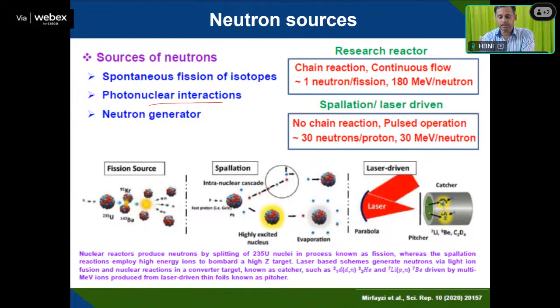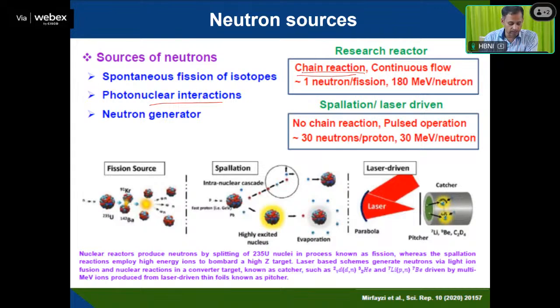Mostly in a research reactor, a chain reaction is there, with 1 neutron per fission keeping the process going, and the continuous flow of the reactor produces neutrons in the fission step. Or it can be laser driven or a spallation technique. In spallation there is no chain reaction, only the first operation, and for every proton you can generate about 30 neutrons.